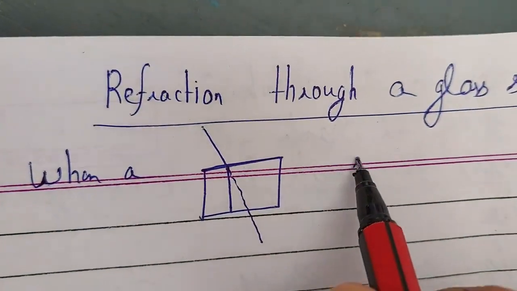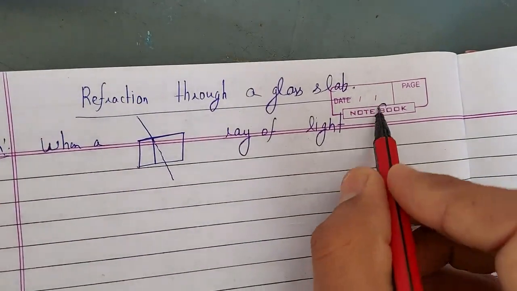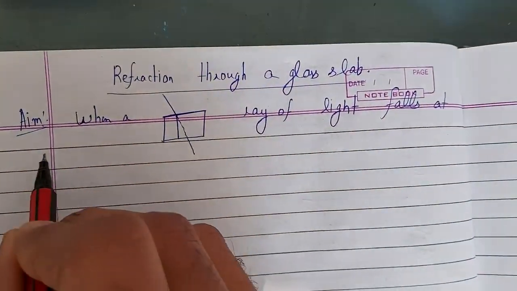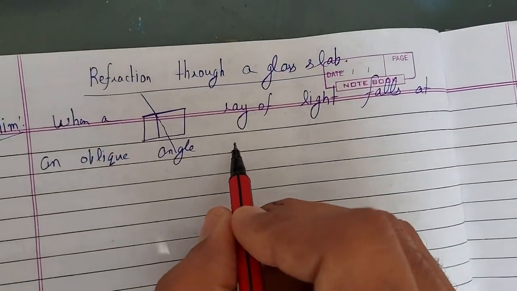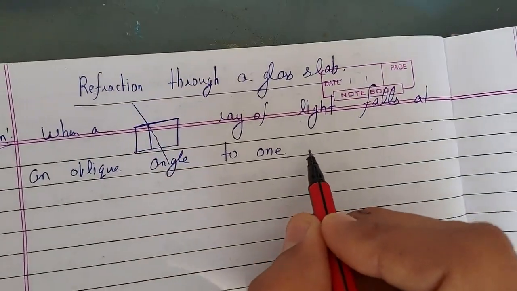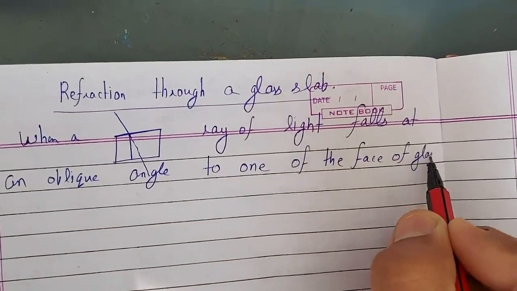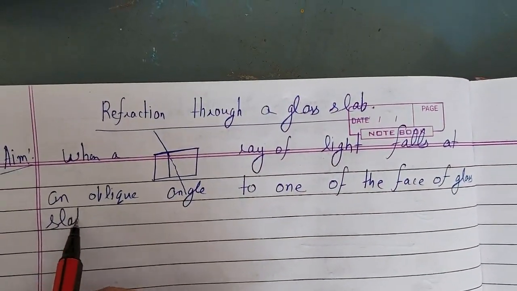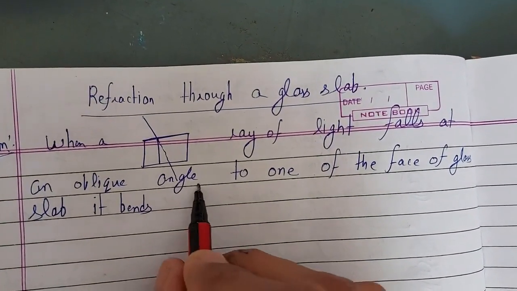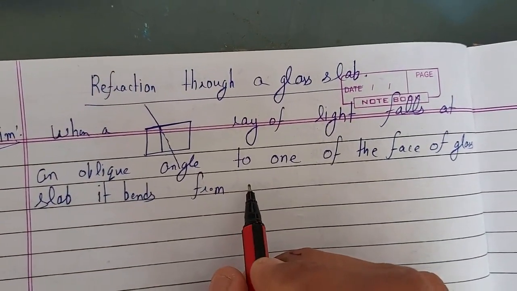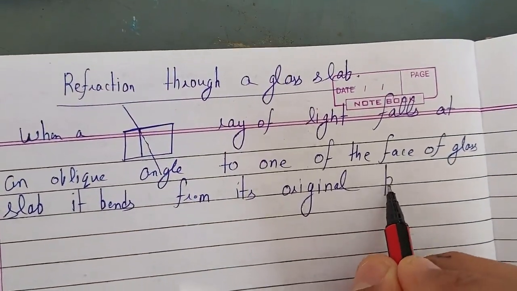When a ray of light falls at an oblique angle to one of the faces of a glass slab, it bends from its original path of incidence.